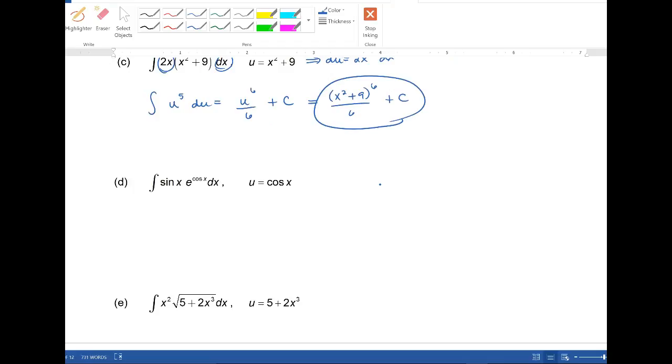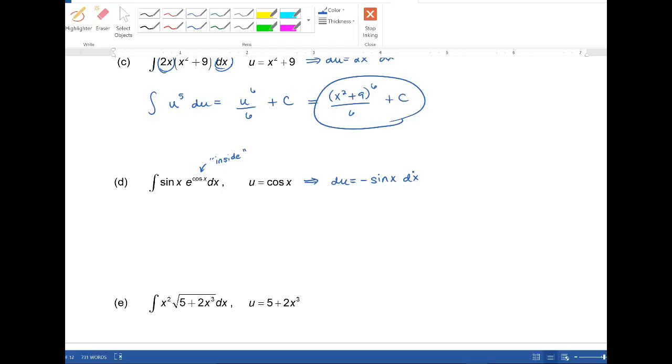All right, next one. This one gets a little more confusing. So when we have e to a power, the power we think of as the inside part. So I'm going to let u equal cosine x. So du is negative sine x dx.